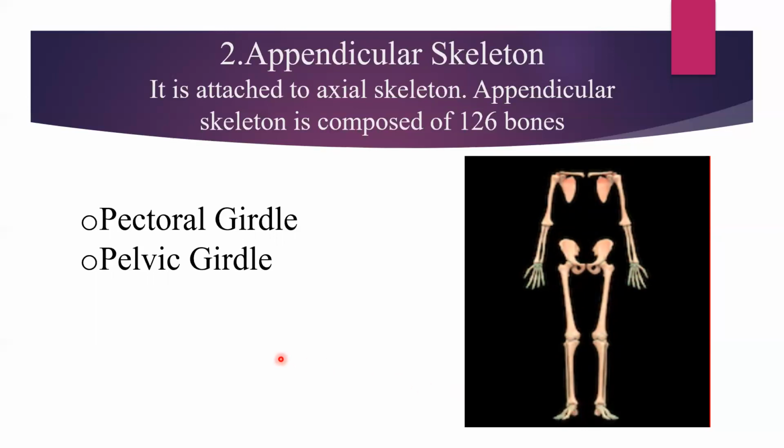Total bones of the appendicular skeleton are 126, and it is divided into 2 parts, pectoral girdle and pelvic girdle. This is the pectoral girdle, also called shoulder girdle. This is the pelvic girdle, also called hip girdle.